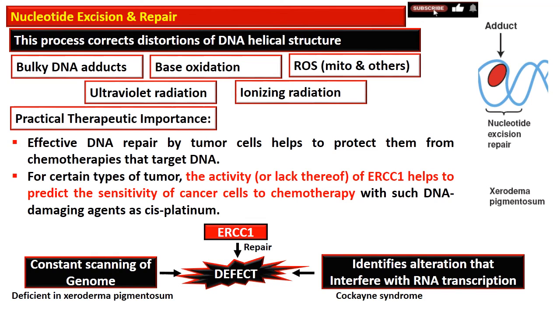So the level of ERCC1 in the tumor cell will help to predict the sensitivity of the cancer to chemotherapy, whether this particular tumor will respond to that chemotherapeutic agent or not.